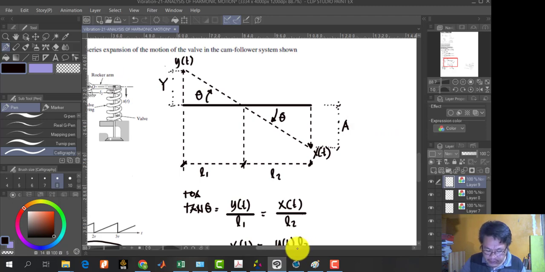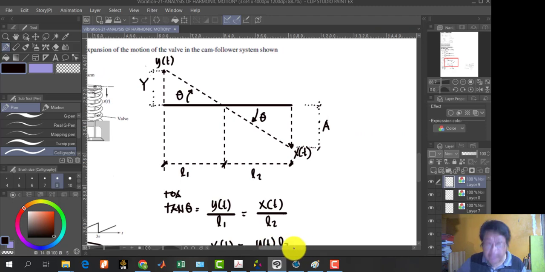From here, furthermore, we can use the relationship of similar triangles, by means of the legs of the triangle.